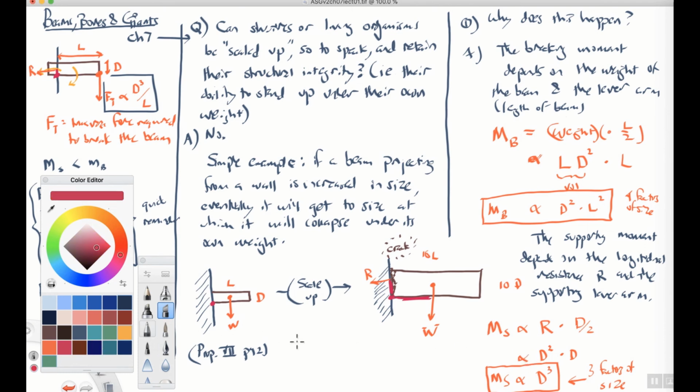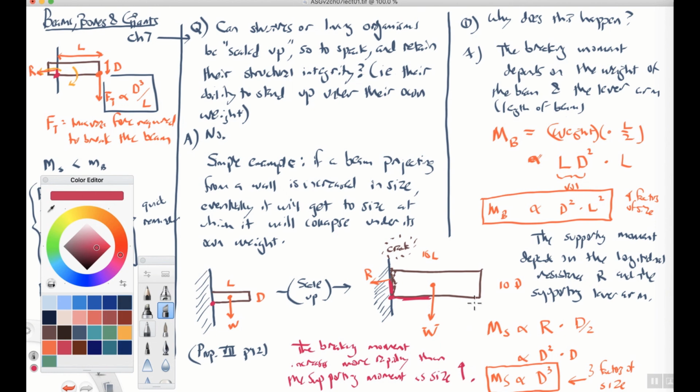That's the most important point: the braking moment increases more rapidly than the supporting moment as the size increases.